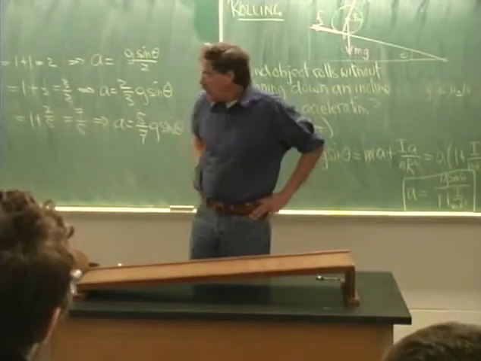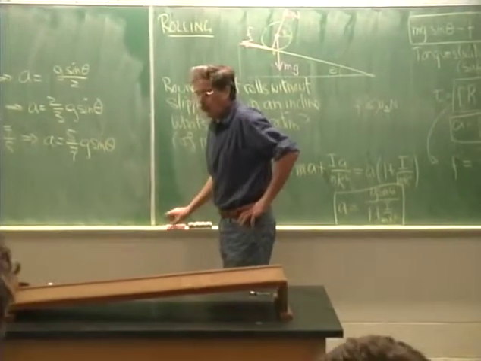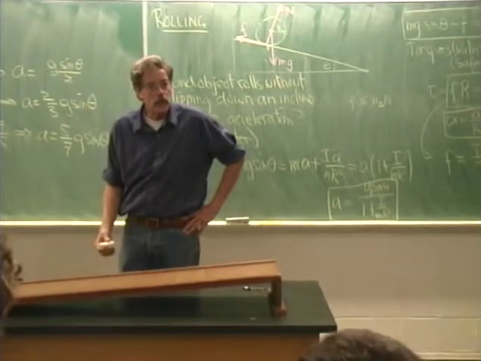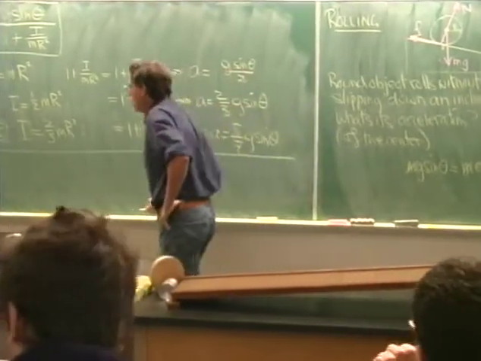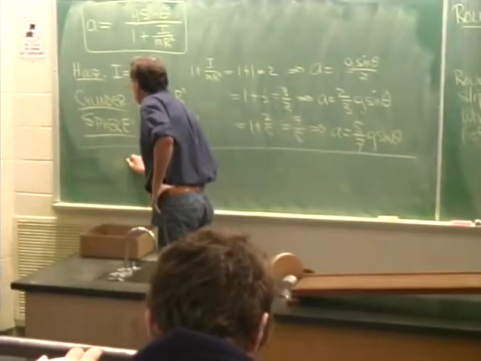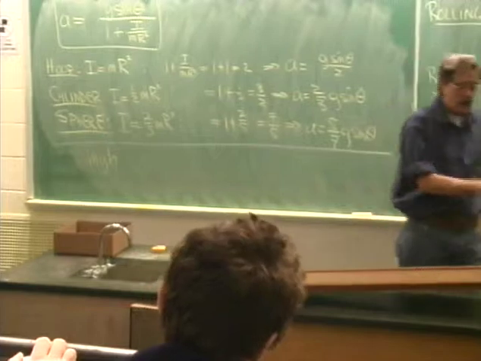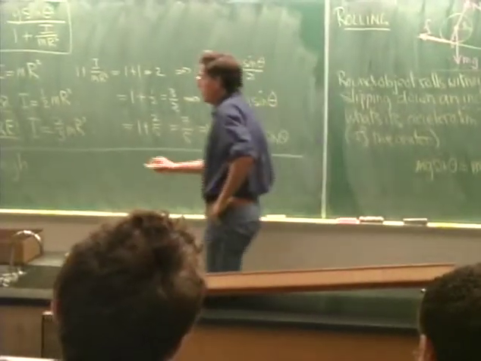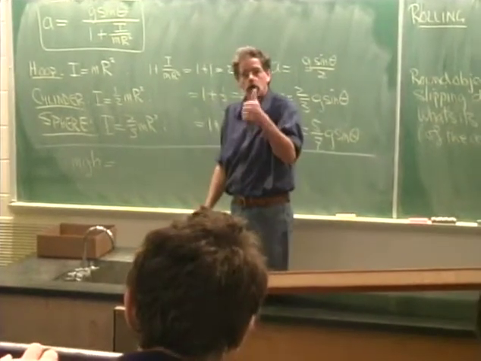By the way, if all you are interested in knowing is how fast they're going when they get to the bottom, you might use conservation of energy instead. How would that go? mgh is the gravitational potential energy that it loses when it goes down there. That's converted into two forms.